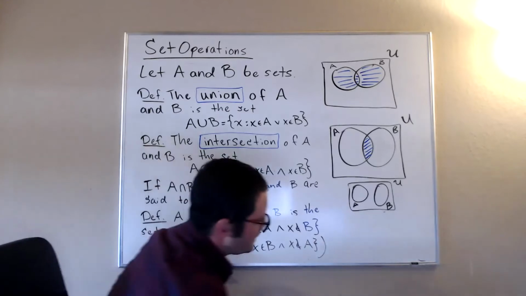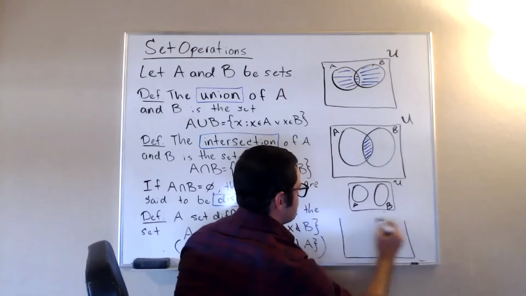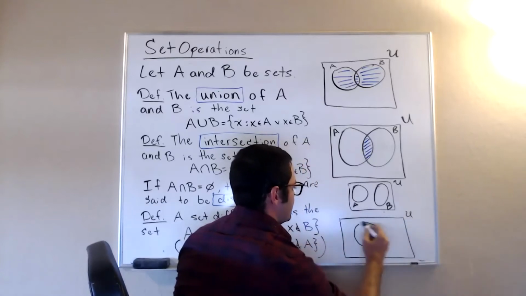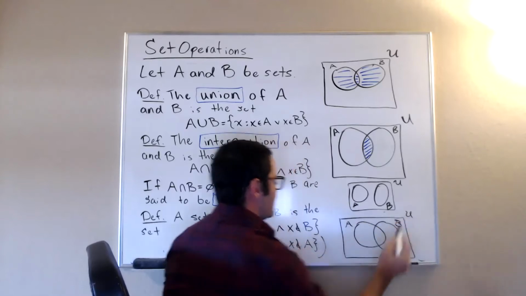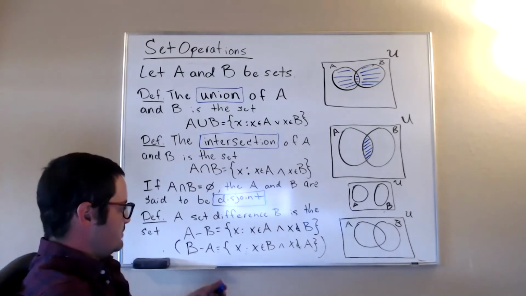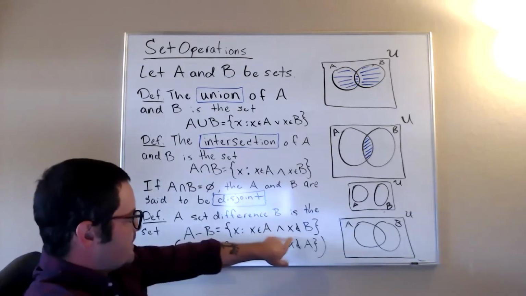So using a Venn diagram, we have a set A, we have B. The only elements that will belong to A set difference B are the elements that make this true right here.